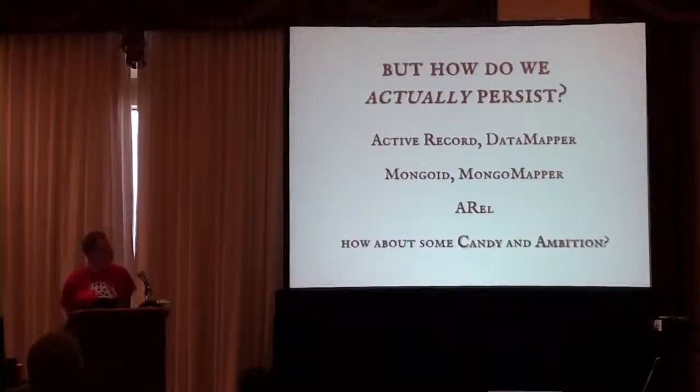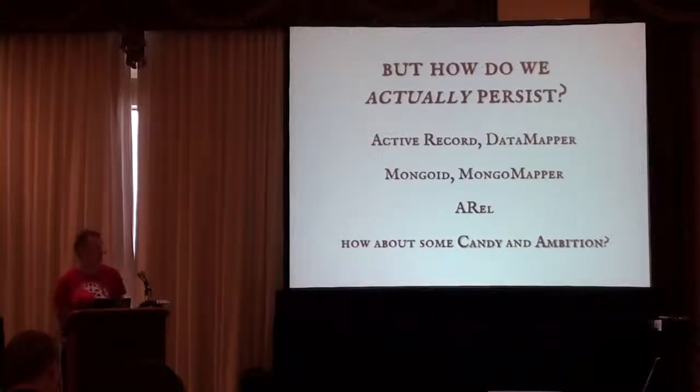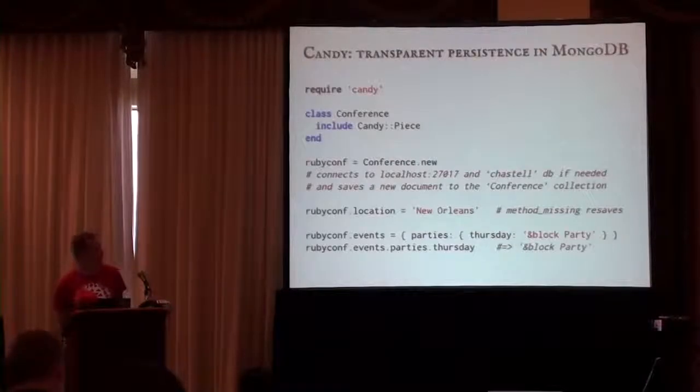So what I would like to briefly show you is Candy and Ambition, which are two unfortunately dead libraries that maybe are worth reviving, which are something that actually sparked the idea for this talk and something that I really highly relate to.